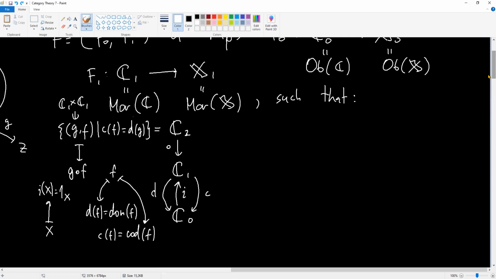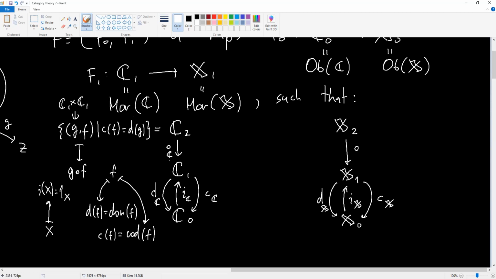Okay, so we can draw a similar diagram for the category X. So we have here the corresponding domain map, the corresponding codomain map, let me write C as a subscript here. We have composition.